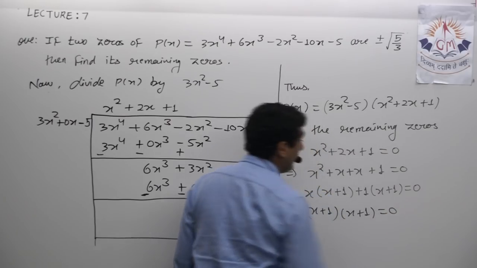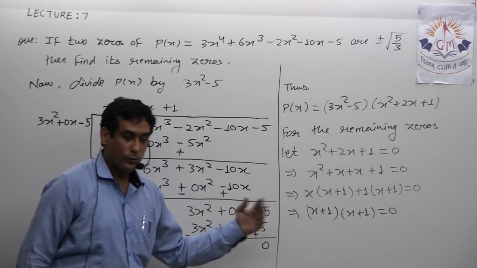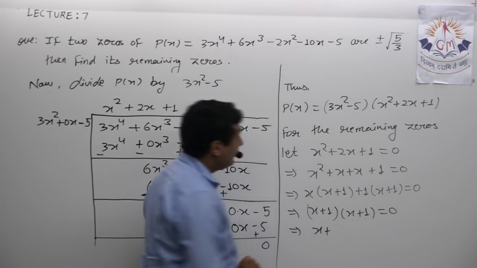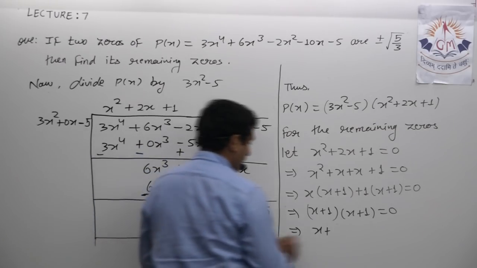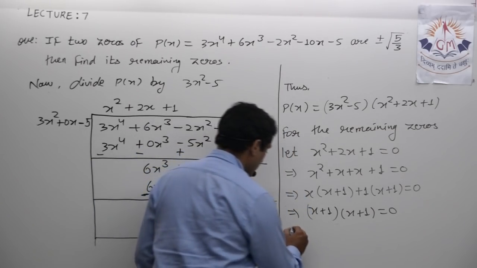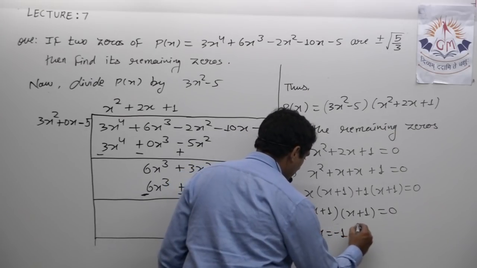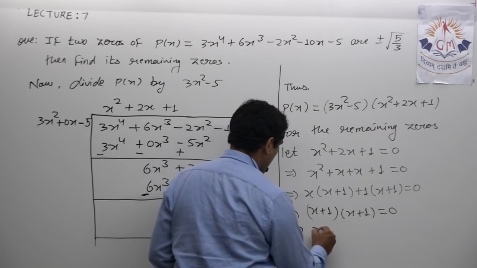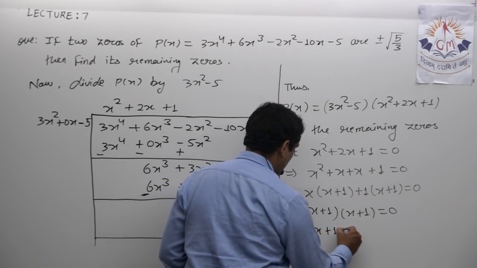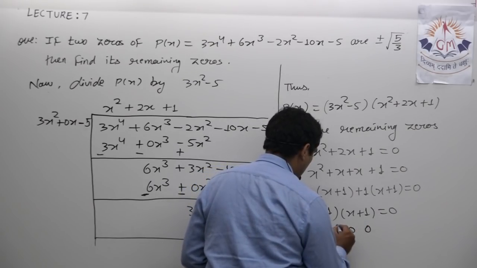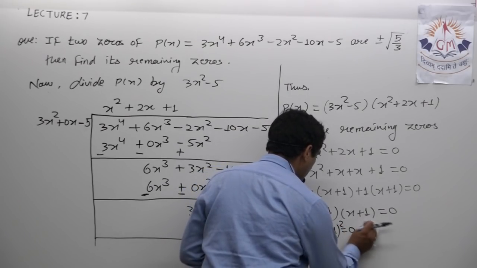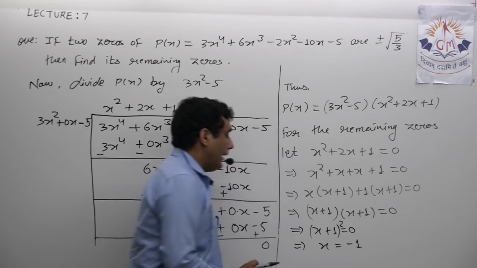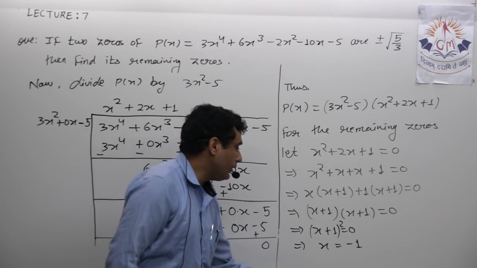So here we can say we will get two zeros which are going to be the same. If I take x plus 1 whole square equal to 0, which gives me x equal to minus 1. Both values of both the zeros will be minus 1.